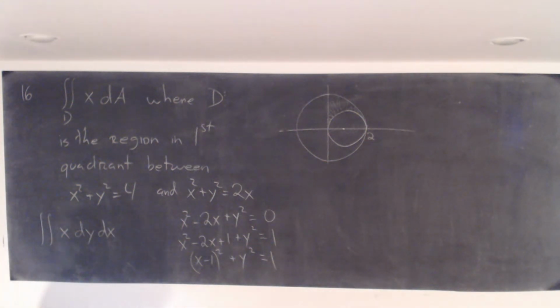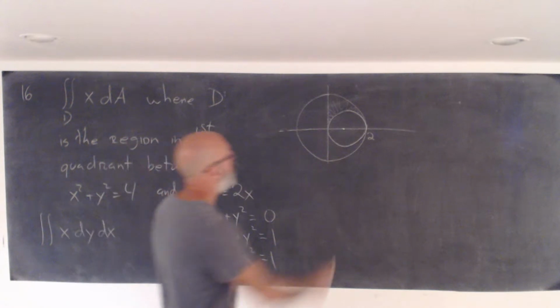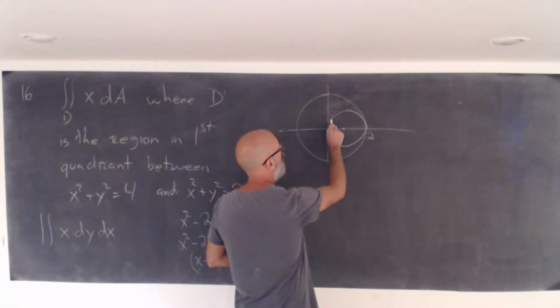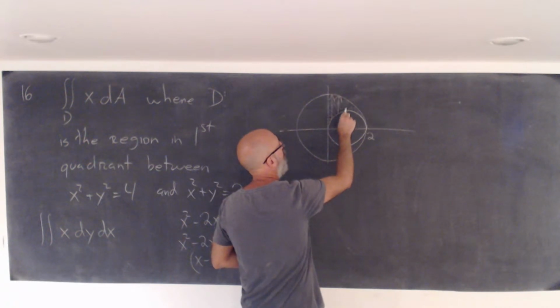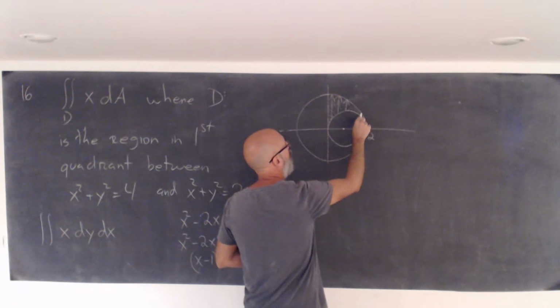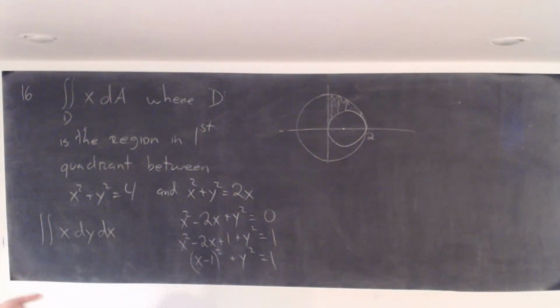How does y vary? Y goes from here to there. Y goes from the small circle to the large circle.